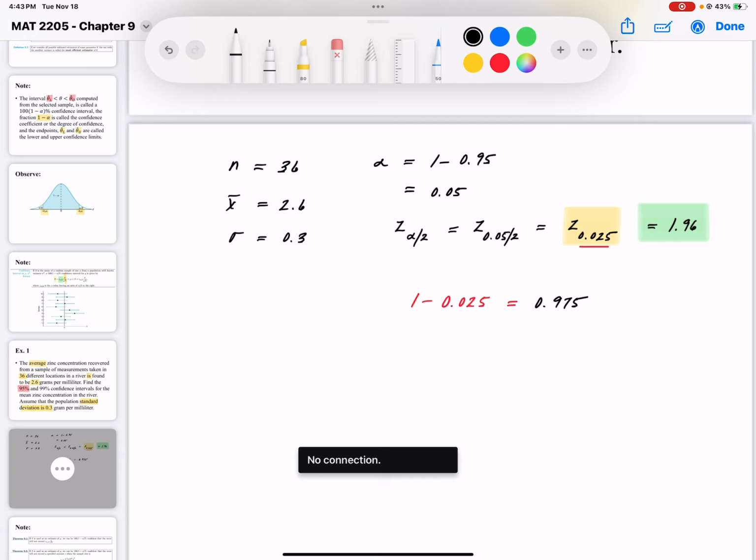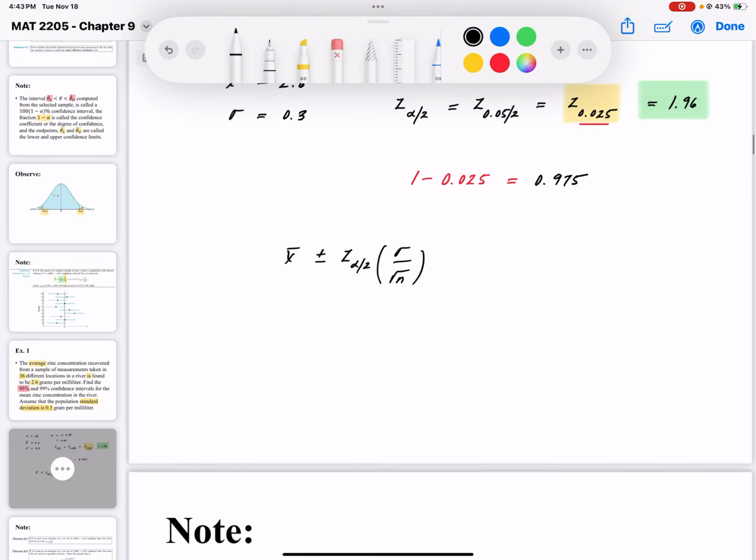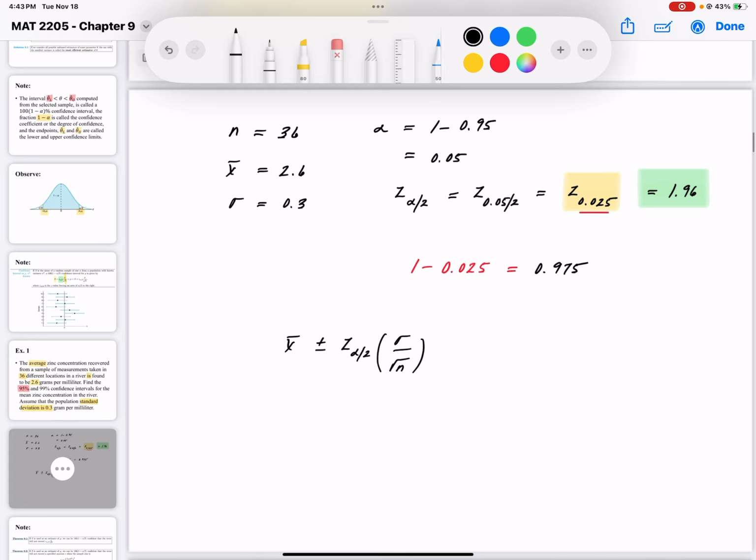All right, but anyway, now we have everything we need. So what is that formula? X bar plus and minus z sub alpha divided by 2 multiplied by sigma divided by square root n. So let's put everything in. Our x bar, 2.6.